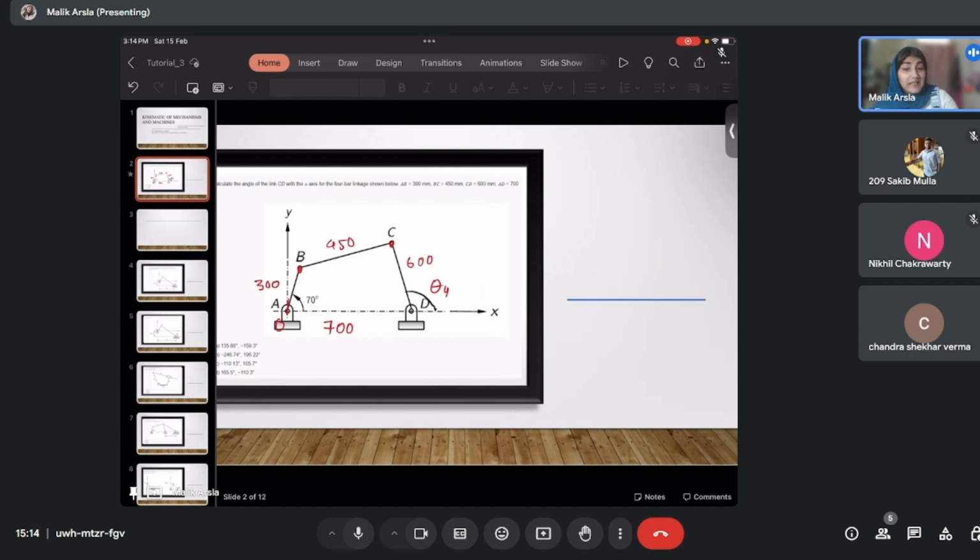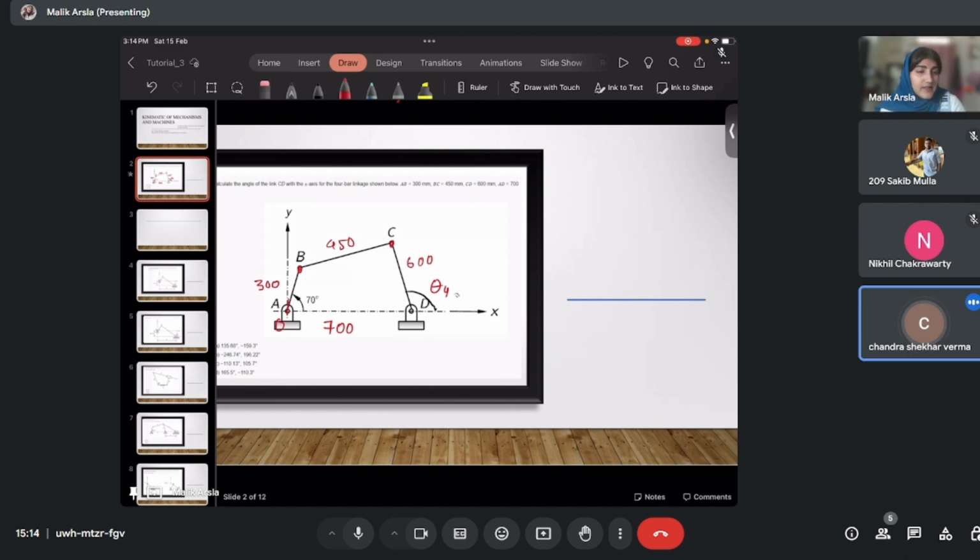But let's discuss how we do it. Basically, we need to find this theta 4 here, right? This theta 4 is basically the output and we need to find it. So what is the basic procedure we can follow here? What are the known parameters?